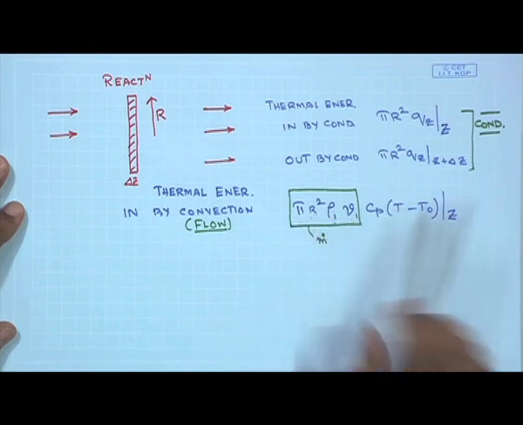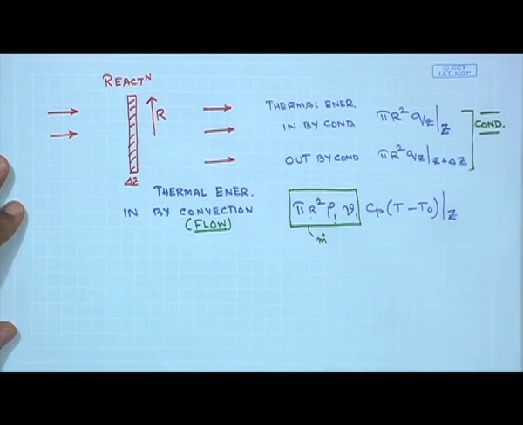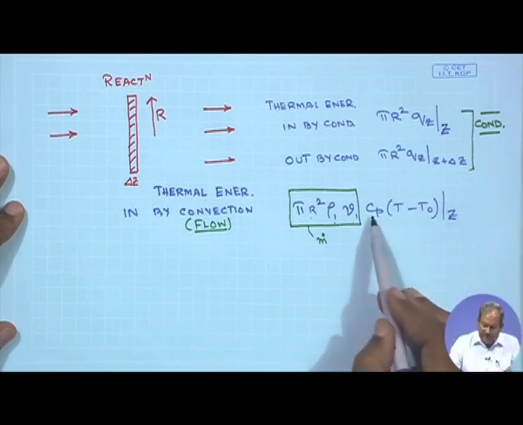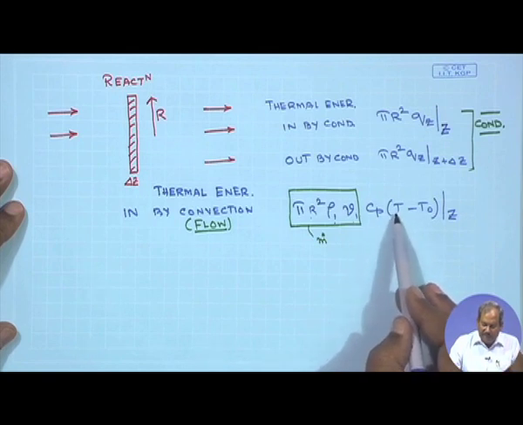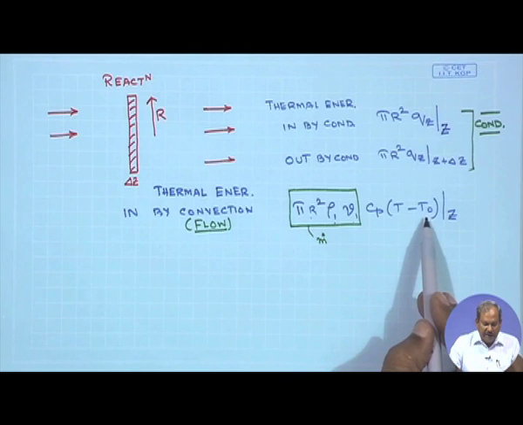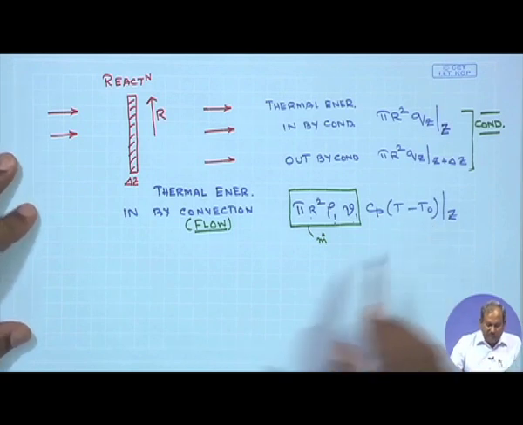where rho 1 and V1 refer to the condition at the inlet, and as you can see, Cp is the heat capacity, T is the temperature at location Z, and T0 is some reference temperature.